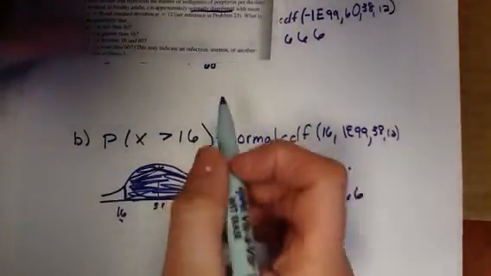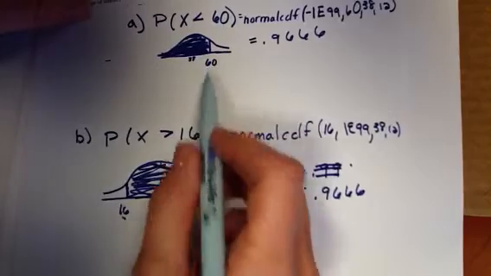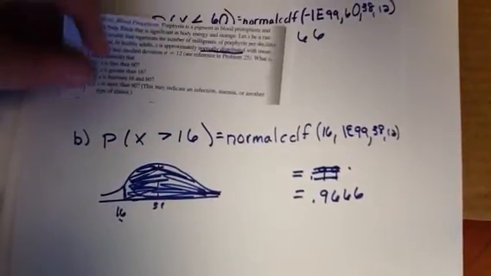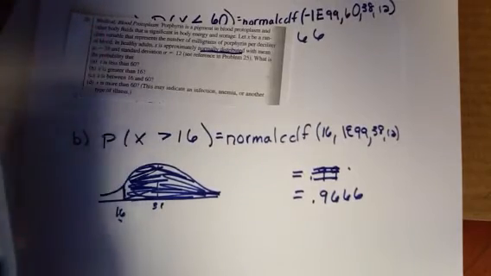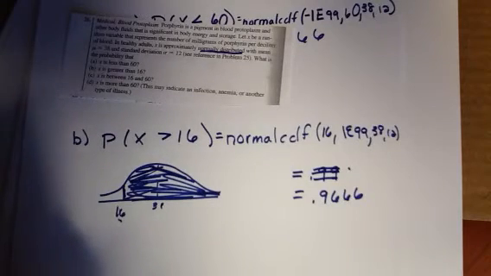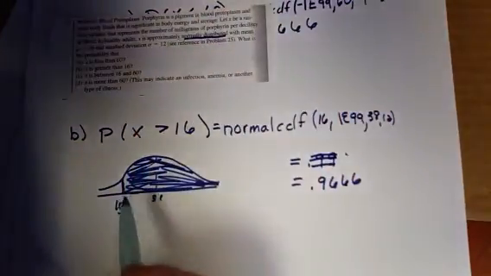So had we converted these to z-scores, we would see that 60 and 16 are probably the same z-score. One's positive, one's negative. So if we would have converted, it'd be positive 2 and negative 2.